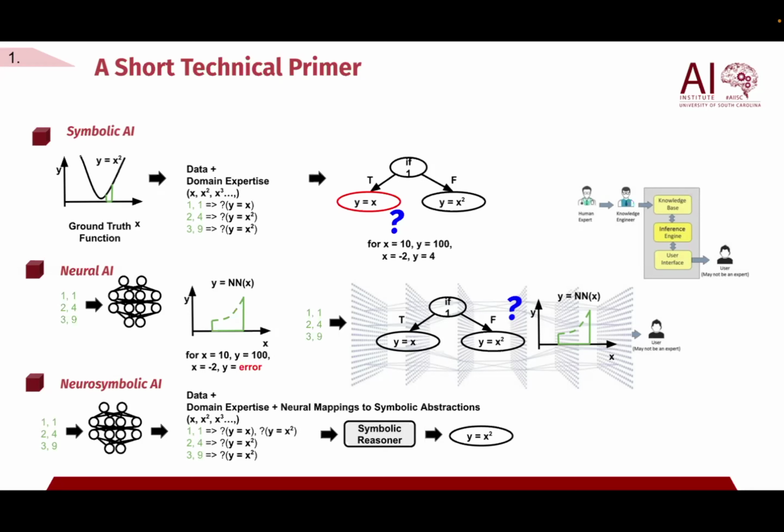Now, a symbolic reasoner that you construct on top of this new mapping will probably result in something closer to the ground truth function. So this is the only slide on neurosymbolic AI, the technical details. And now from here on out, it'll be just the application. But I'm happy to answer any more questions on this afterwards.